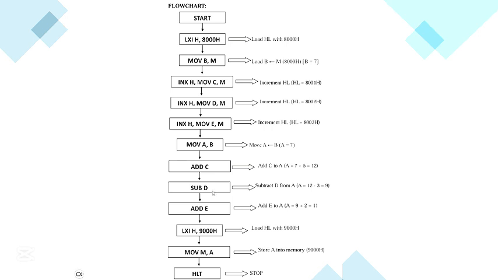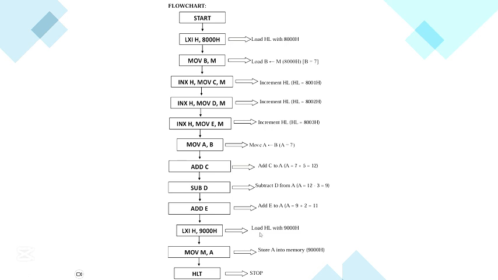Then next is subtract D from A. So the value of our accumulator now is 9. Then add E, which is the value of 2. So our accumulator is equal to 11. Then load HL, or now change HL to point to address 9000H.